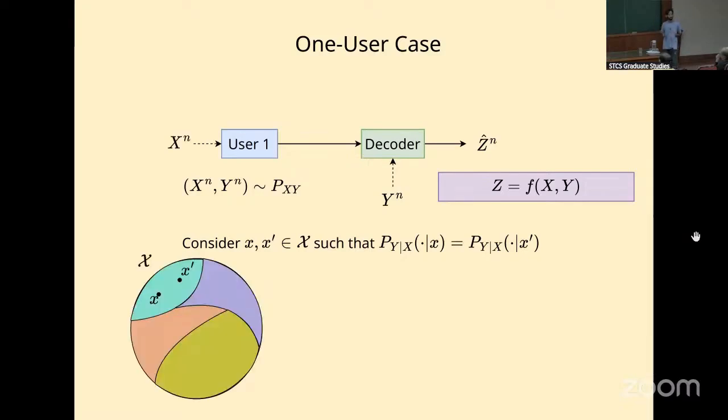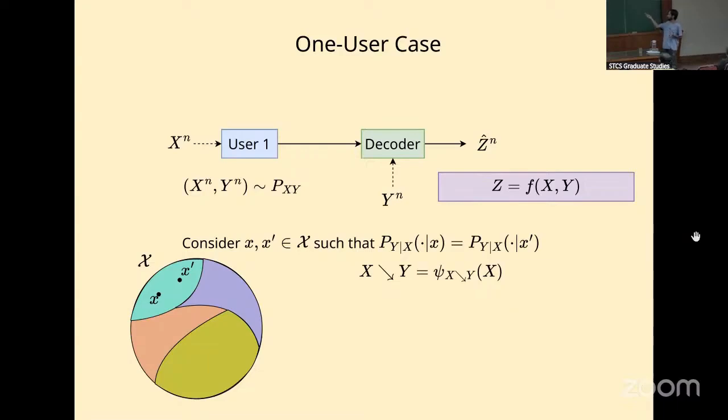This idea can be extended directly in the following manner. If you look at the entire alphabet of x, we can make these partitions based on what characters have the same conditional distributions. For any two characters which have the same conditional distribution, they belong in the same part. And this partition naturally induces a function of x.